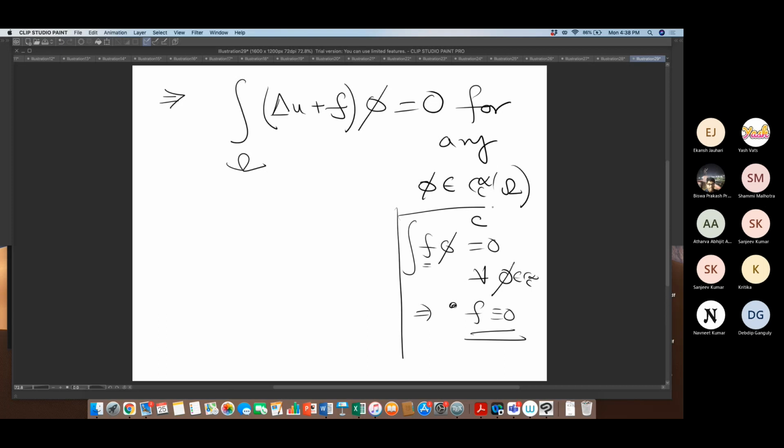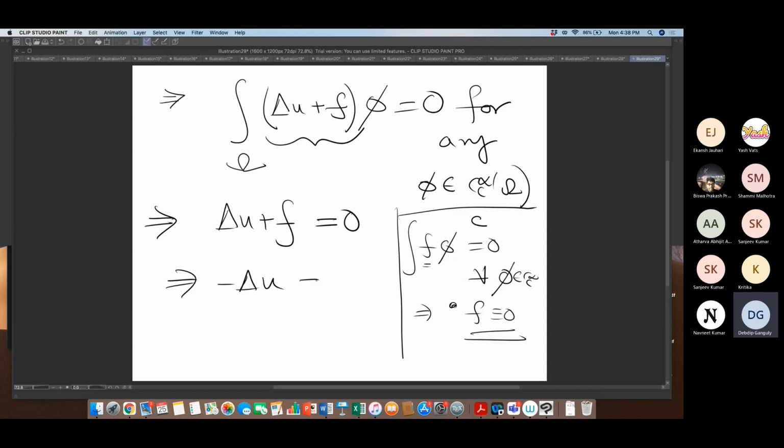It is an exercise, I have told you how to do this. So this implies f equal to 0, that means minus Laplacian u equals f. Is that okay?